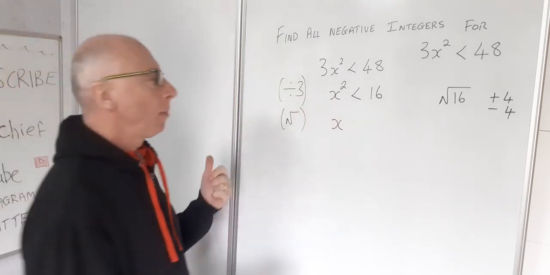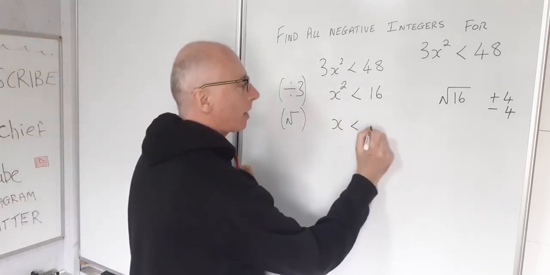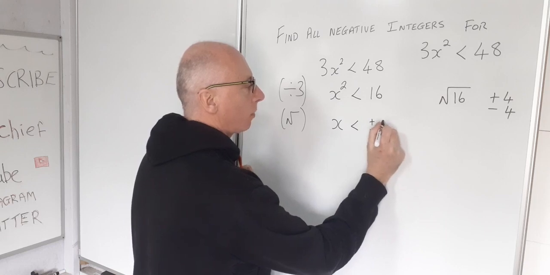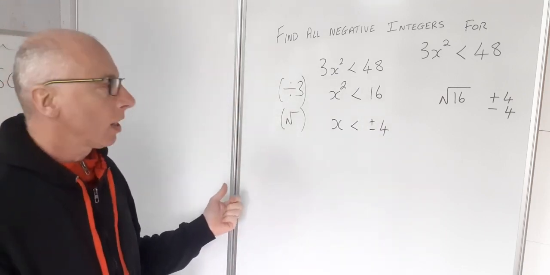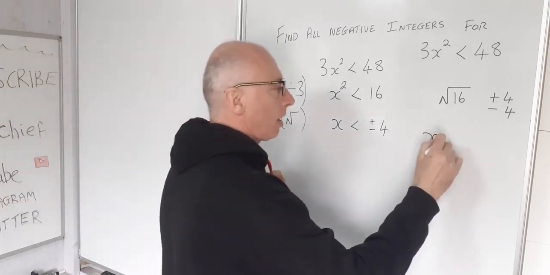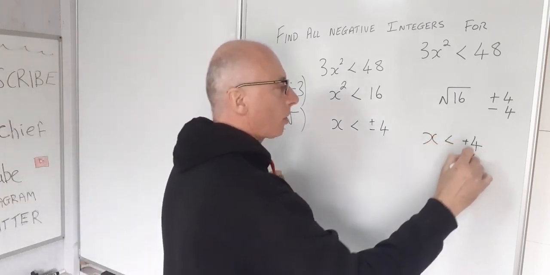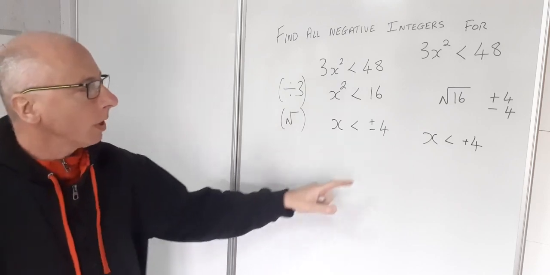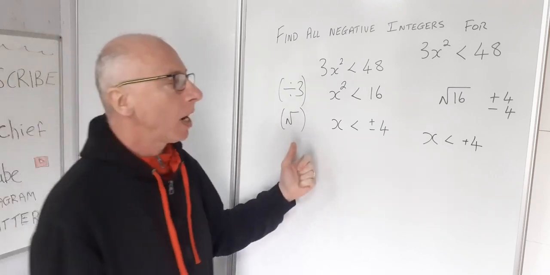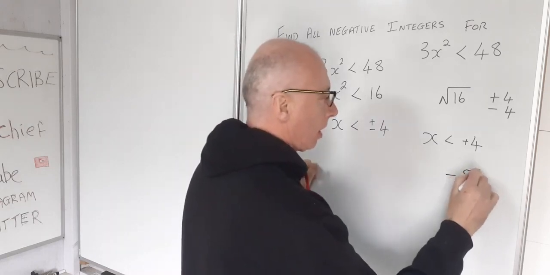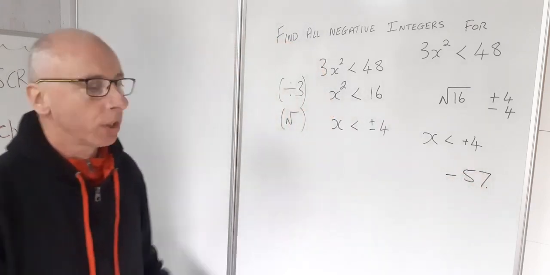Okay, so now if I put in here, x is less than plus or minus 4, I'm going to have some weird kind of inequality going on here, because if I've got x is less than positive 4, all my solutions there could go all the way. I could even have minus 57 as a solution.